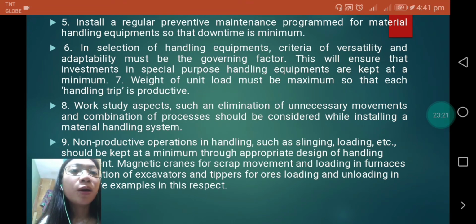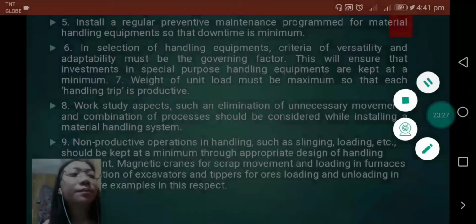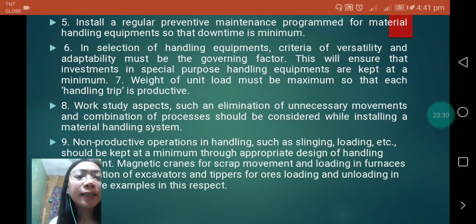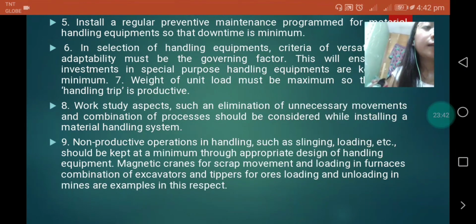And 7, weight of unit load must be maximum so that each handling trip is productive. Number 8, work study aspect such as an elimination of unnecessary movements and combination of processes should be considered while installing a material handling system. And number 9, again, I need to move this.